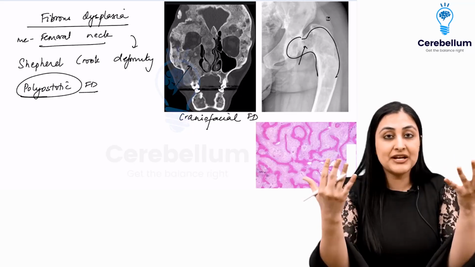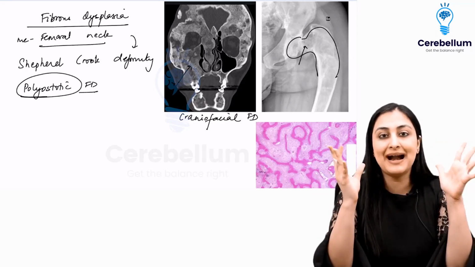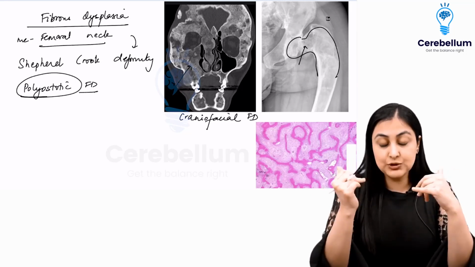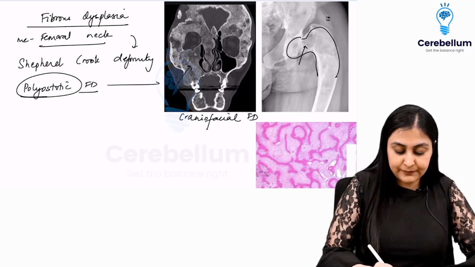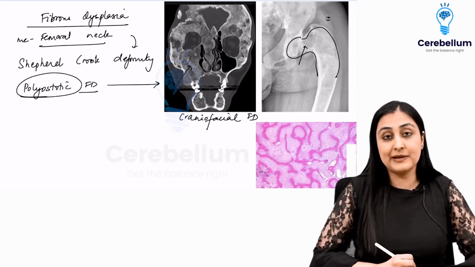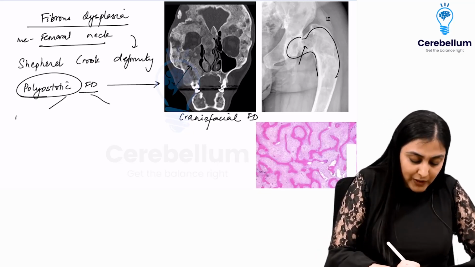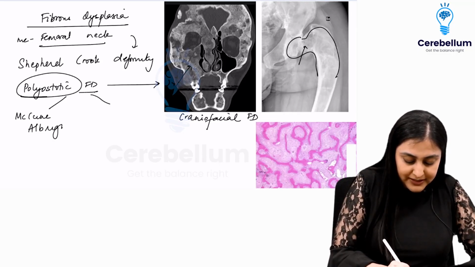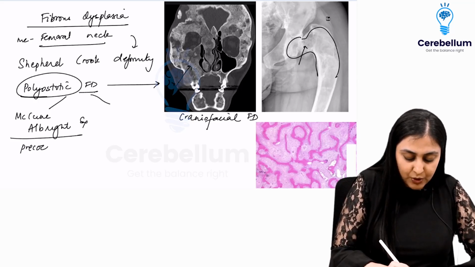Clinically, if you look at the patient, they'll show you this leonine sort of facies, very expanded bone. Something that we also learn in leprosy. Yeah, so very leonine facies are going to be seen in craniofacial FD, which is a type of polyostotic fibrous dysplasia. Here you want to remember two syndromes. One is McCune-Albright syndrome, wherein polyostotic FD is associated with precocious puberty.